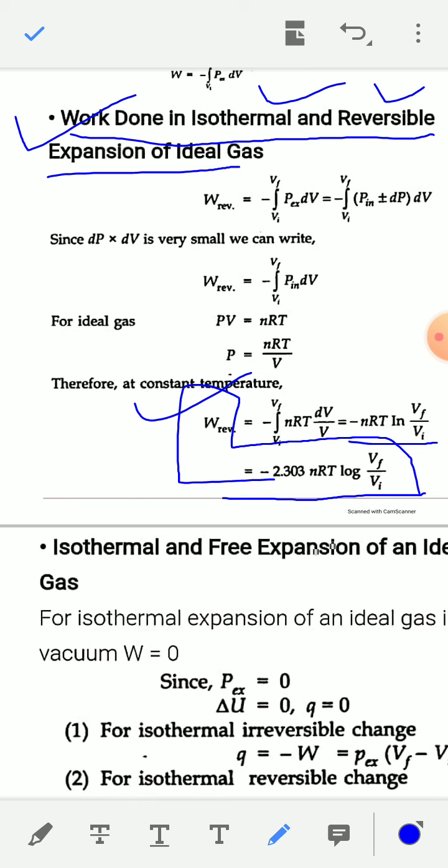So the formula for calculation of work done in isothermal reversible expansion of ideal gas is W reversible is equal to minus 2.303 nRT log V2 by V1, or Vf by Vi, where n is the number of moles of gas, R is the universal gas constant, and T is the temperature in absolute scale.